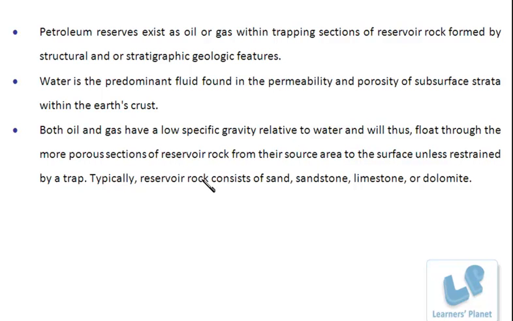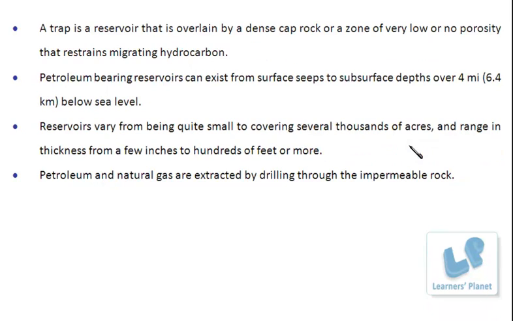Both, as I have told you, will move through the porous rocks. Typically, reservoir rock consists of sand, sandstone, limestone or dolomite. So they'll come to the reservoir rock from beneath, from down, they'll come up. And they'll be held by the sand or sandstone or limestone or dolomite.